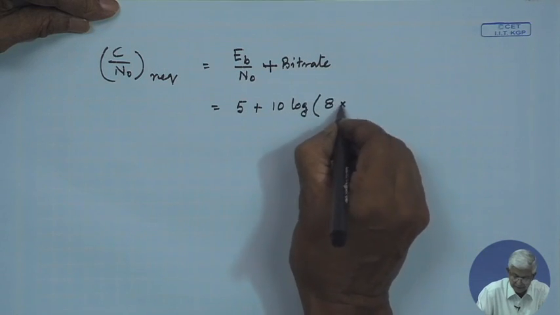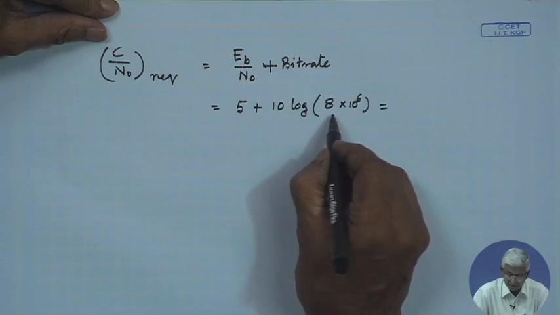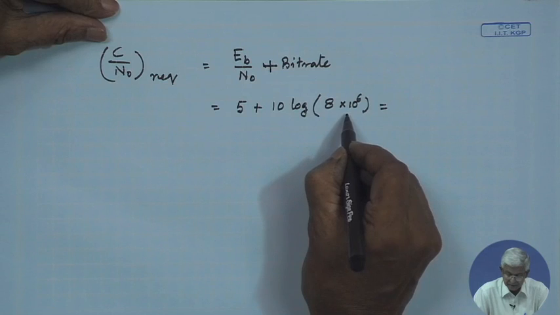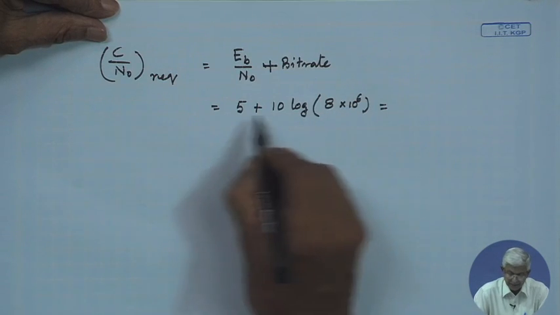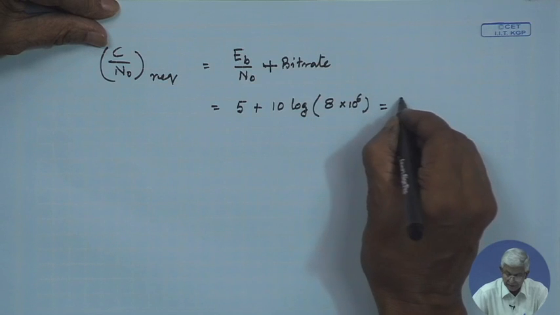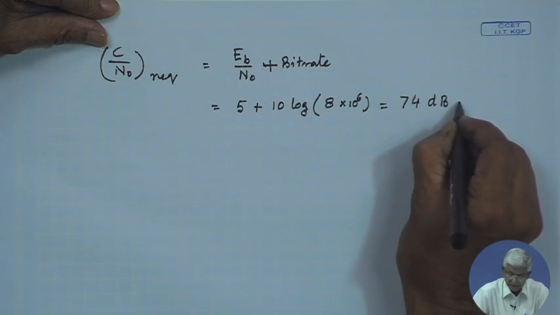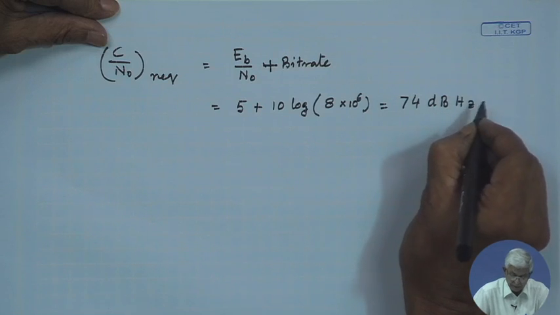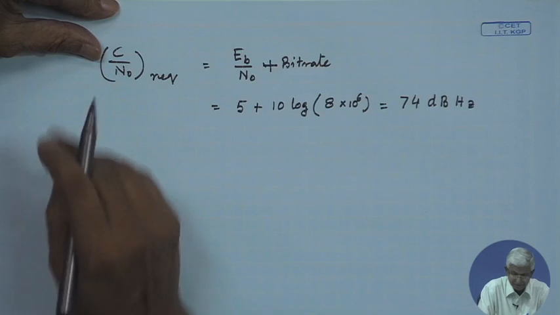So it is 8 into 10 to the power 6, which comes out to be, 1 megabit is 60 dB and 8 megabit is 9 dB more. So 69 dB and 5 dB together it will give 74 dB hertz.